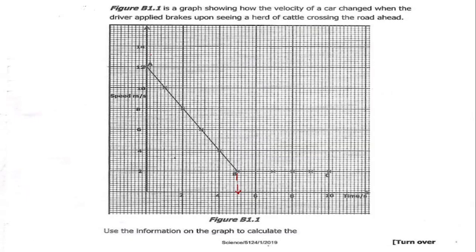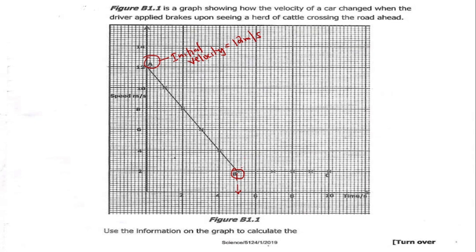Now if you look at this graph, this is our A and that's our B. At A, we've got our initial velocity, which happened to be 12 meters per second.